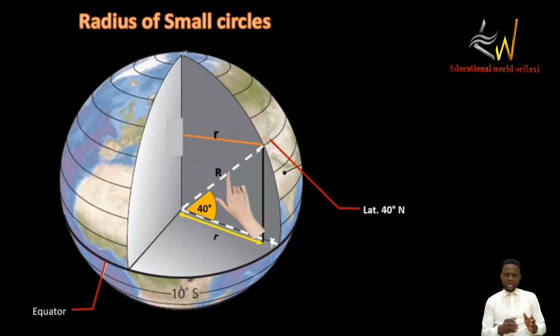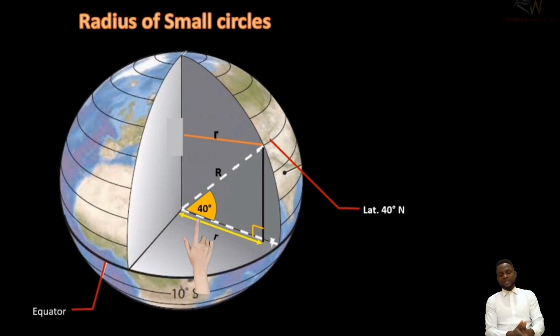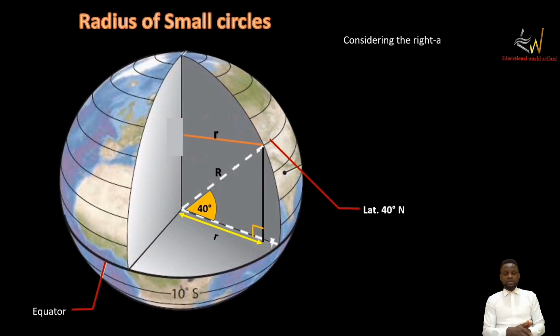Okay, so we can see the radius of the earth. Now we can see the radius of that latitude written by a small letter r, while big R is the radius of the earth. When we project the radius of that latitude towards the radius of the earth and complete it like a right angle triangle, we can use trigonometry such that small r over big R is equal to cosine 40 degrees.